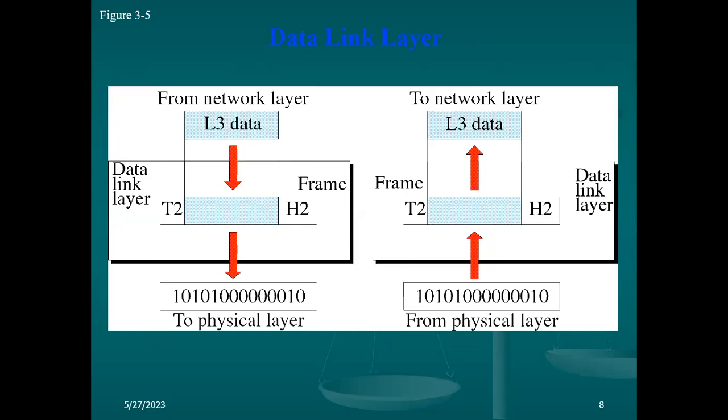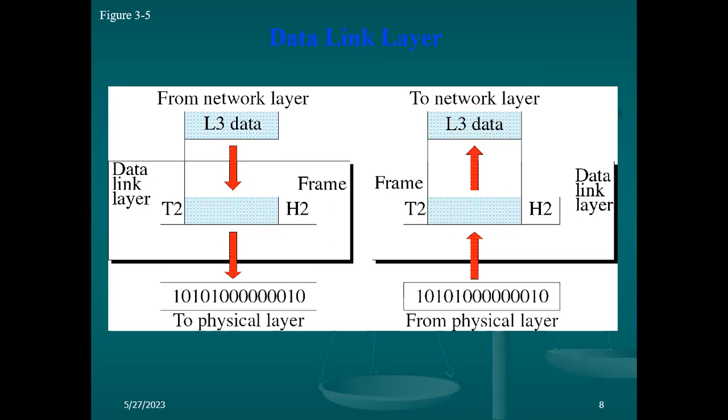This diagram depicts the functionality of the data link layer. On the left hand side, the figure shows how the data link layer gets the data in the form of a packet from the network layer, and the packet is divided into frames by adding the header and trailer.